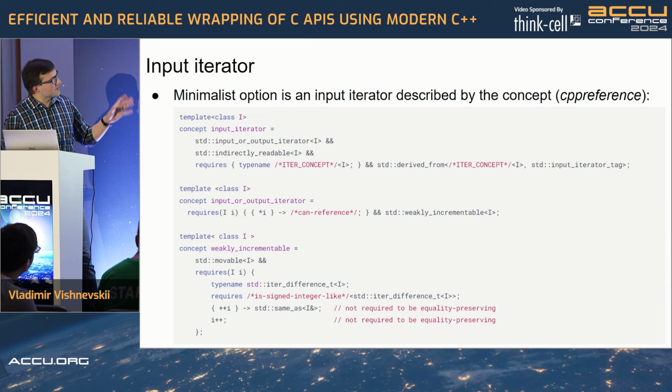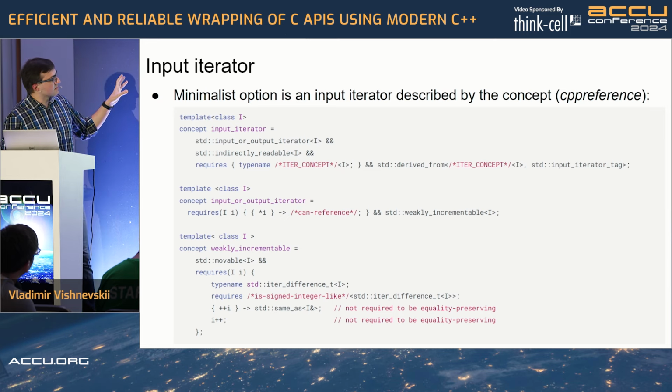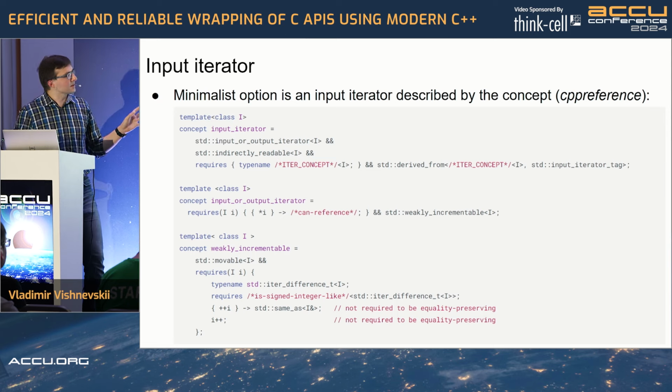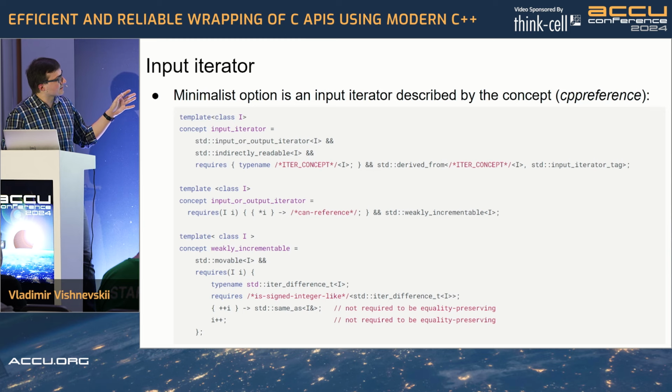Starting from C++20, we now have some requirements to the iterators described in the form of concepts. This is quite convenient because now in the code we can see what iterators are supposed to support. Unfortunately, not all the requirements can be specified in the form of concepts, but in the case of iterators that's quite helpful.